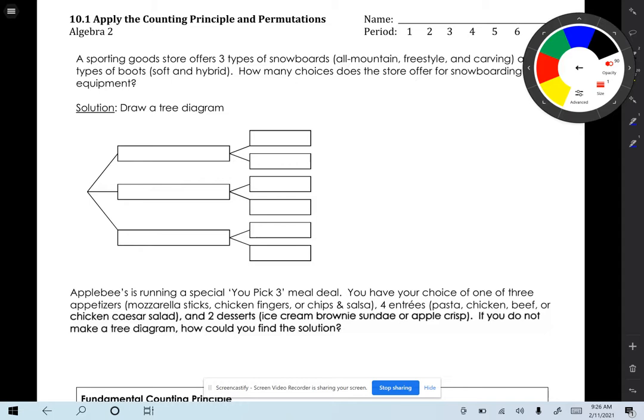The 3 blanks on the farthest left should be the 3 types of snowboards. So you have all mountain, freestyle, and carving. If you choose all mountain snowboards, you can get soft boots, or you can have your choice of hybrid.